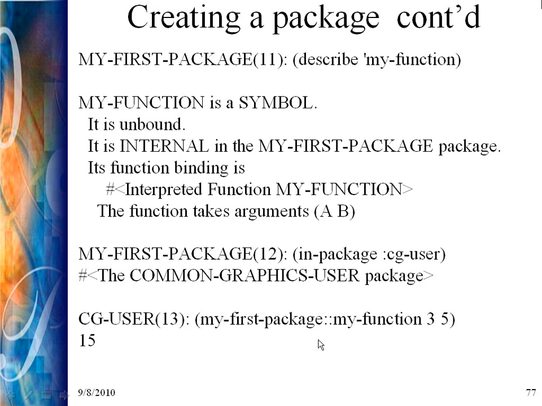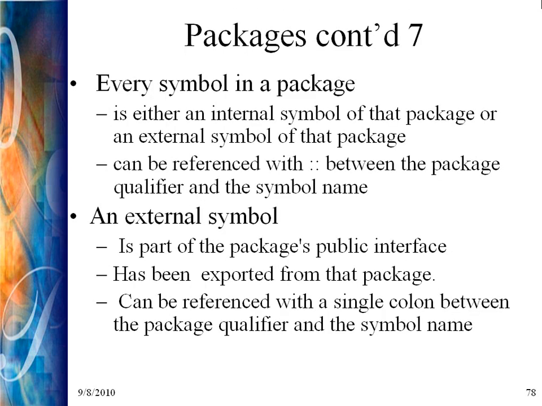It's either an internal symbol of that package or an external symbol. It can always, internal or external, be referenced with double colons. If it's external, it can also be referenced with a single colon between the package name and the symbol name. An external symbol, part of the package's public interface, exported from the package, can be referenced with a single colon. But double colons always work.